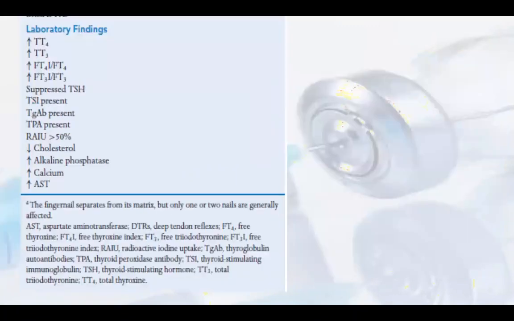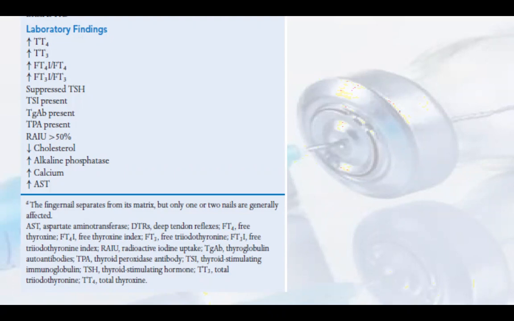Further, in the laboratory findings, there is increase in TT4, increase in TT3, increase in FT4, increase in FT4I and FT3, suppressed TSH, TSI present, TGAb present, TPO antibodies present, RAIU increased to 50%, cholesterol decreased, alkaline phosphatase increased, calcium increased, AST increased.